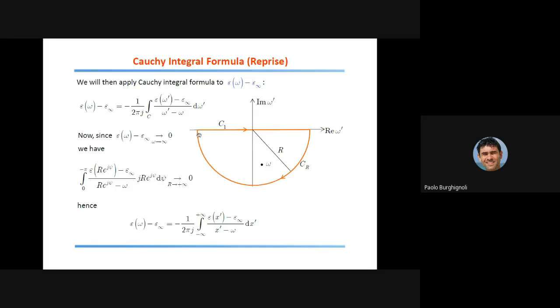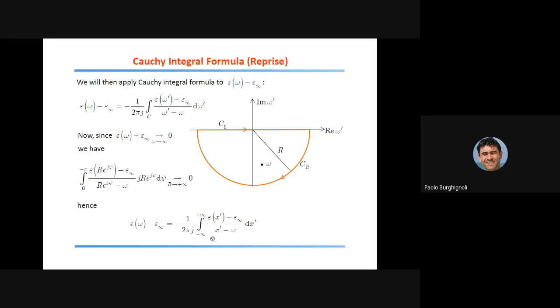And so in this limit, what remains is the contribution of C1 that now extends over the entire real axis. And so you get a representation of the permittivity in the lower half plane, epsilon of omega minus epsilon infinity, in terms of an integral along the entire real axis.